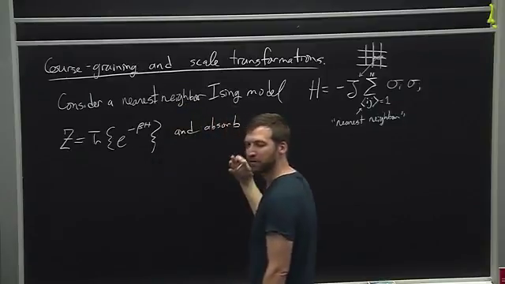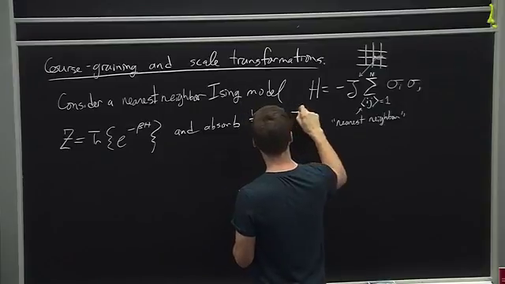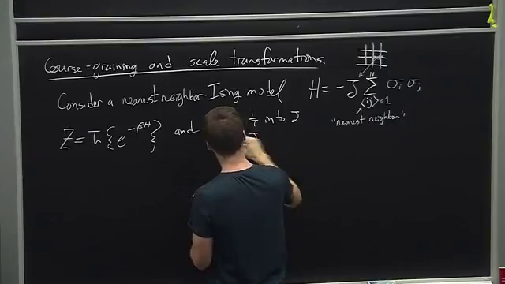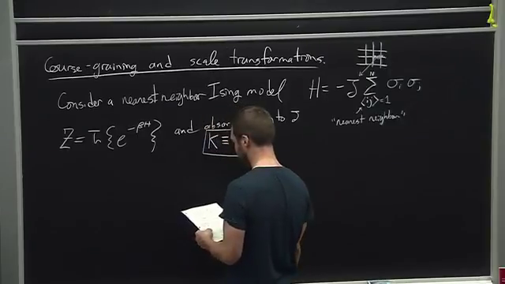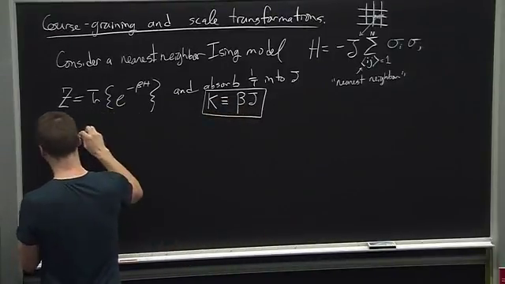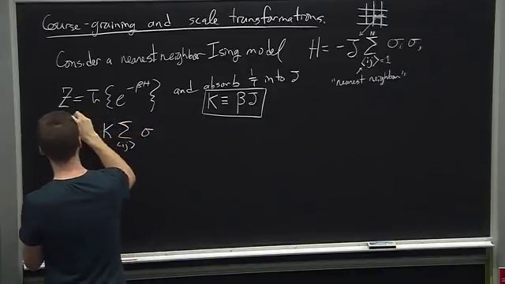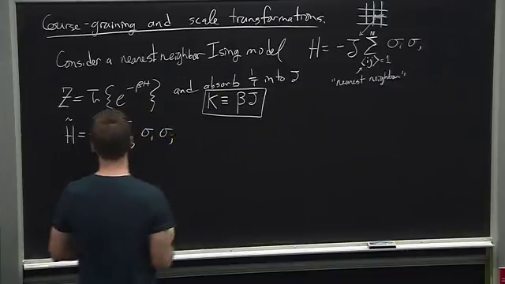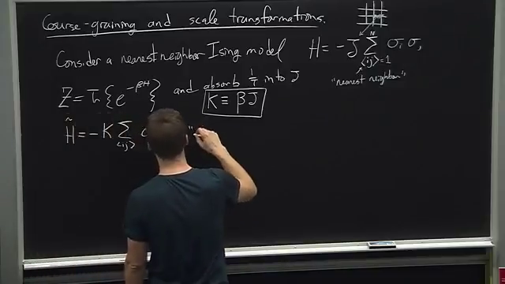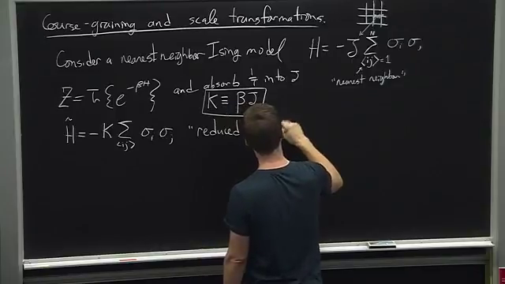And I'll give you a concept of an effective temperature. I'll define it as K, so that my Hamiltonian, H tilde, redefined appropriately, is called the reduced Hamiltonian.